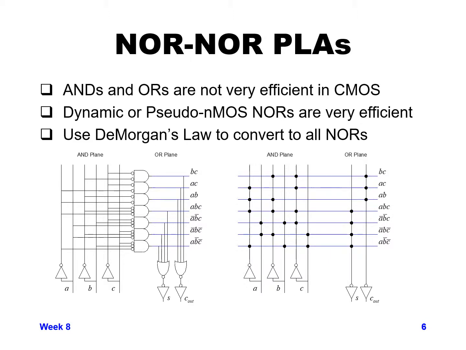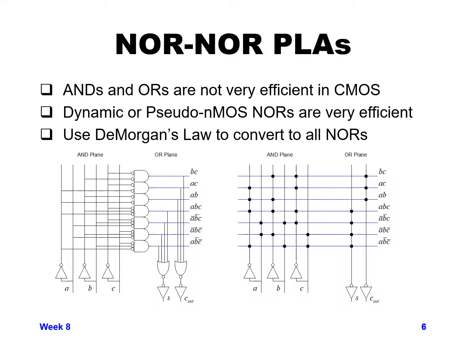And so rather than doing an AND plane and an OR plane, we can effectively do NAND followed by an OR plane, and then if we strip out the extra inverters, we wind up with a NOR followed by NOR, as long as we do the right inversion logic at the very beginning. So we can effectively get a NOR type of PLA out, and that's much more efficient.